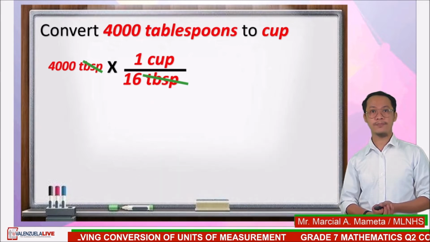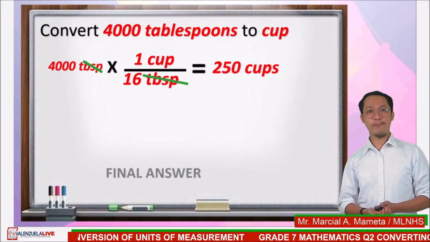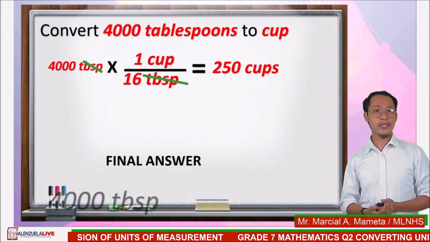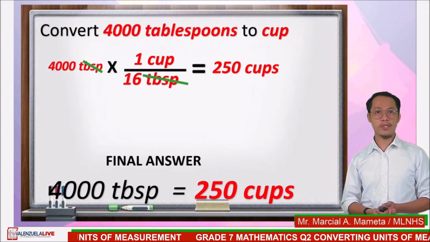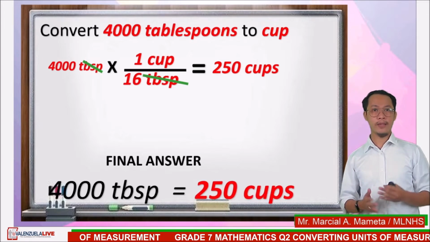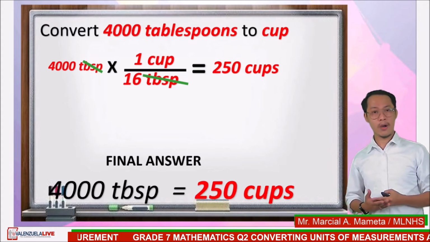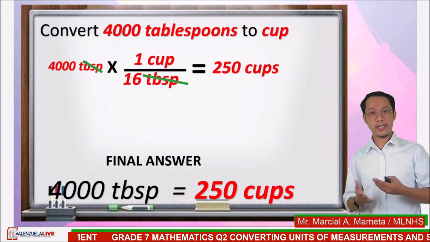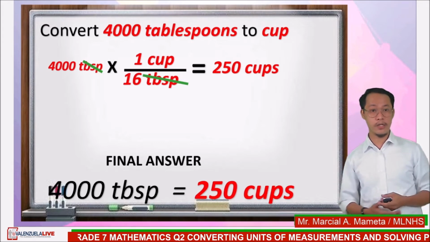Therefore, 4,000 tablespoons is equal to 250 cups. Just always remember that the key here is that you should at least be familiar with the standardized table of measurement in the English system.